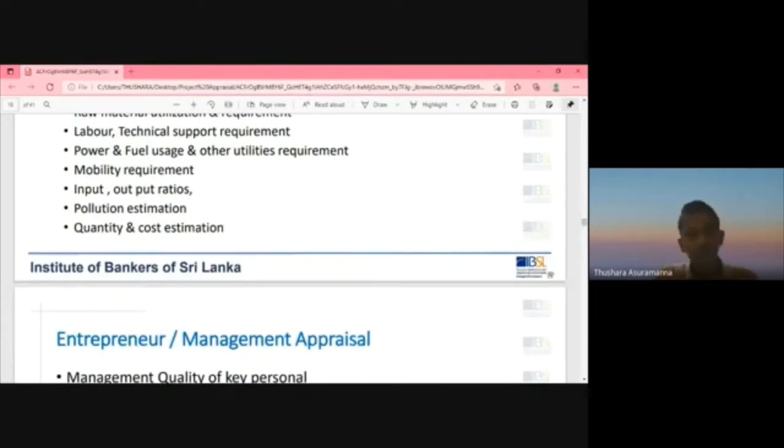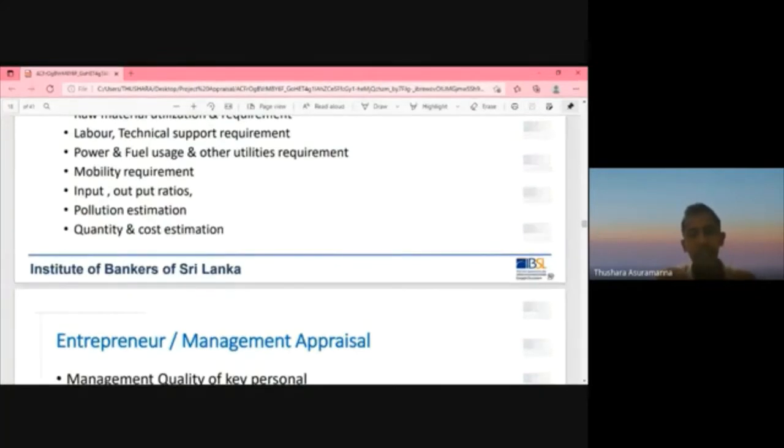So today what we have basically discussed is project appraisal, and we tried to complete 2 areas, that's technical and market. Next week we can go to the management or entrepreneur appraisal. As I was telling you, what we have seen for the last 4-5 papers is that the examiner could ask us to write a short note on what is project financing, what is market appraisal, what is technical appraisal, to that extent, right?